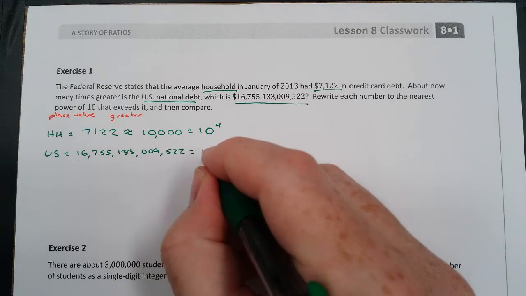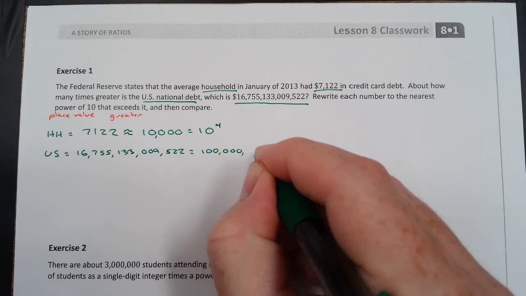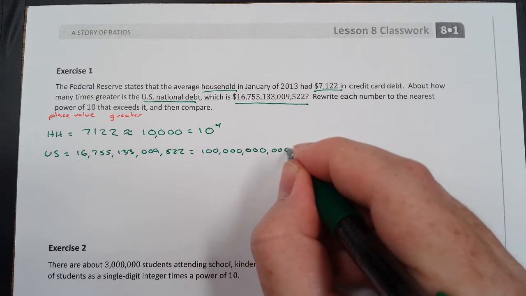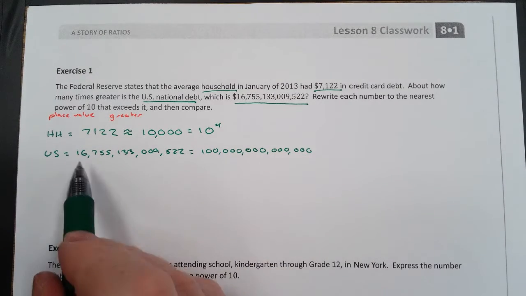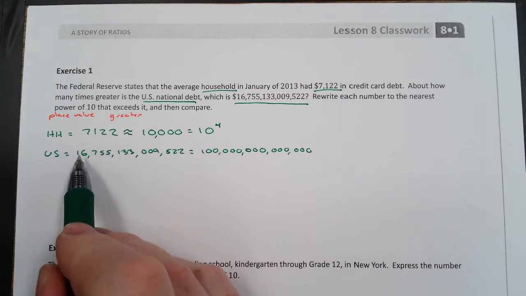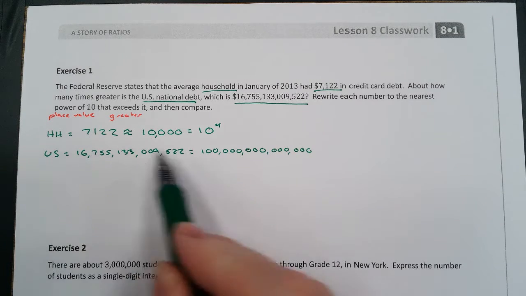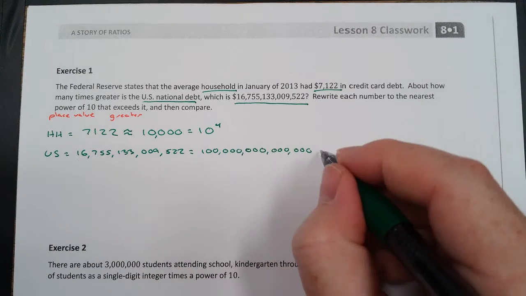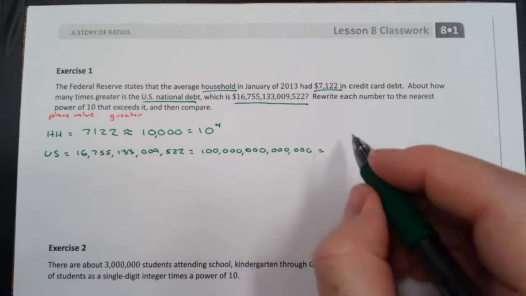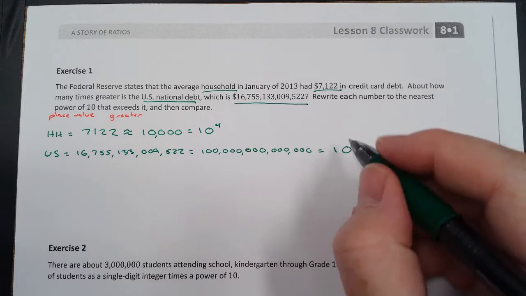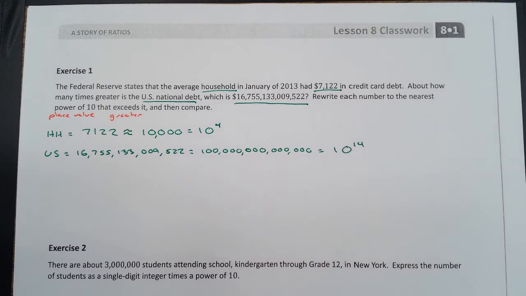To estimate, we have to go up to 100 trillion, because 10 trillion did not exceed it. 10 trillion was not greater, so we need to go to the next place value, which is 100 trillion. And 100 trillion, instead of writing all of that, we can just say 100 trillion, count the zeros, 10 to the 14th.